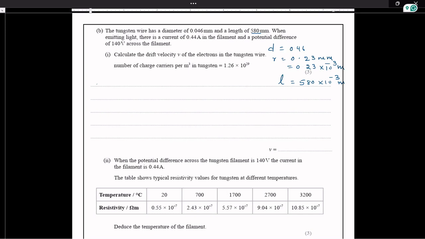The current is given, and the potential difference V is given. We have the equation resistance R is equal to rho L over A. Calculate the drift velocity. The current I equals nqvA.